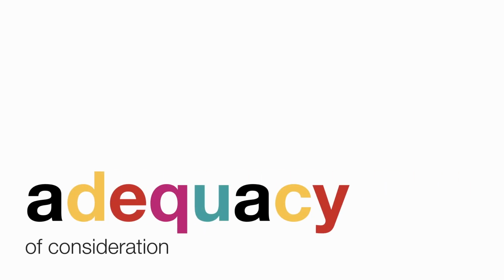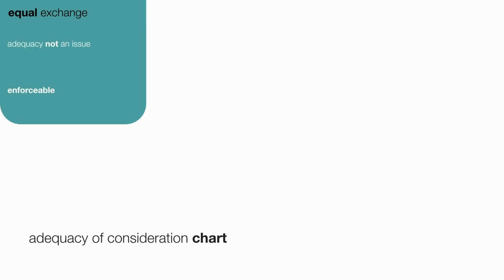So let's drill down then at the doctrine we're looking at in this lesson, which is adequacy of consideration. We're going to look at a chart here that gives us the possibilities. When we talk about adequacy, what we're asking is, do we look at the value of the thing given in exchange for the promise and say, is it adequate enough that we should treat that as consideration for the promise?